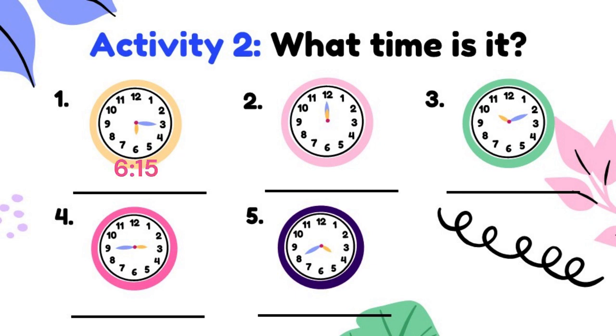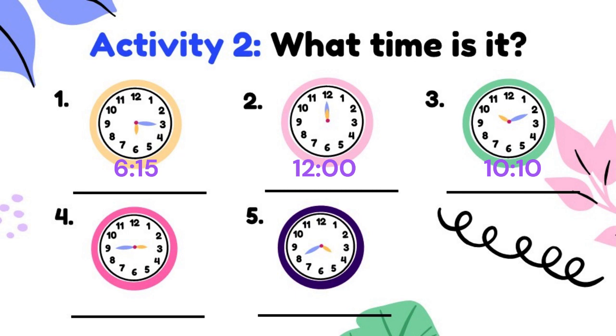The short and long hand are pointing to 12. For minutes, 12 is 60. What time is it? If your answer is 12 o'clock, you're right. Number 3. The short hand is pointing to 10 and the long hand is pointing to 2. 2 is 10. So the answer is 10:10.